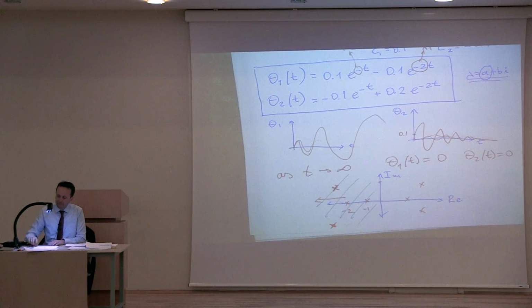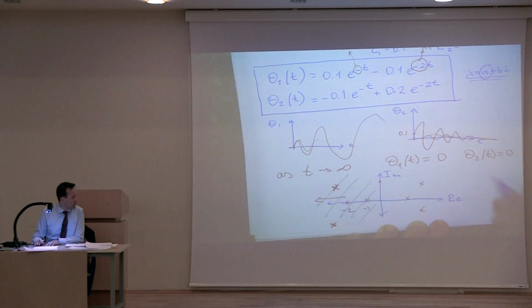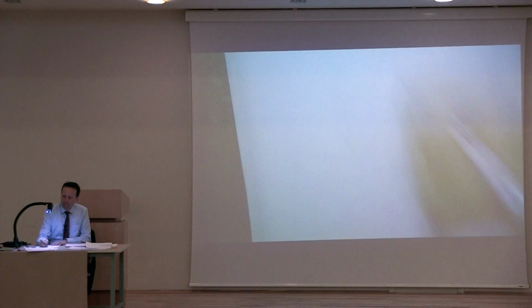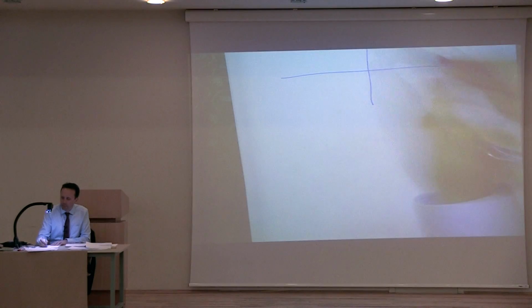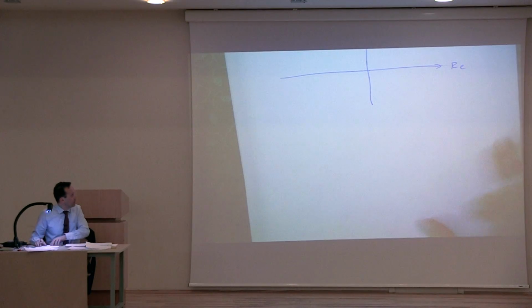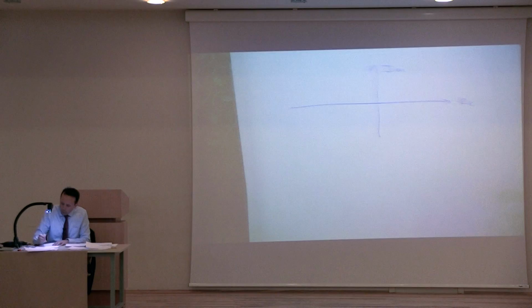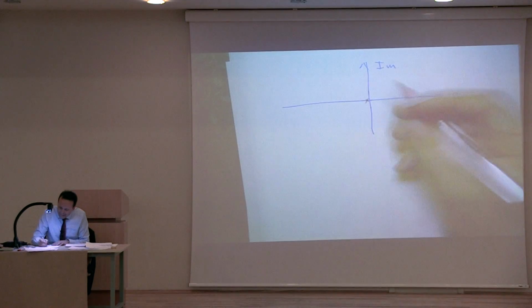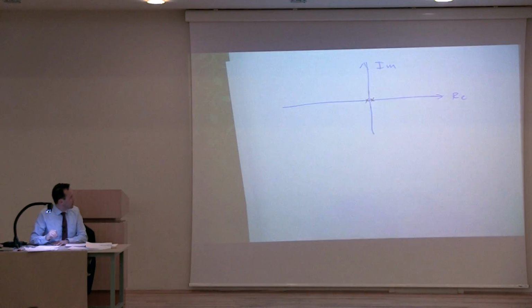For instance, if you had eigenvalues that were very close to the origin, here. And then you have another eigenvalue that's very close to the origin.